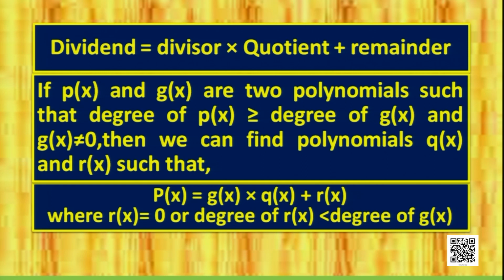Just compare this statement with what is written in the headline, that is dividend is equal to divisor into quotient plus remainder. Here Rx means the remainder, and the degree of the remainder is 0 or less than that of Gx.